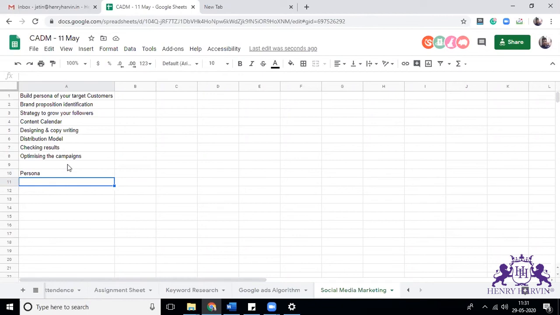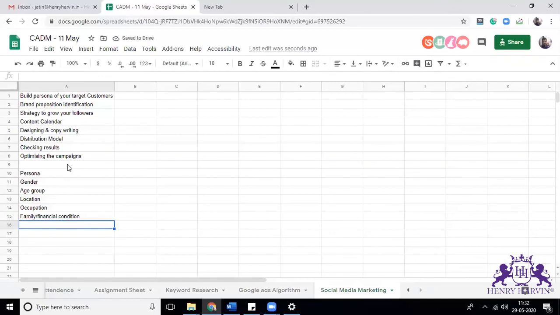Home loan takers can be identified based on gender, based on age group, based on demographic, geographical locations, based on their occupation, based on their family background or financial condition.